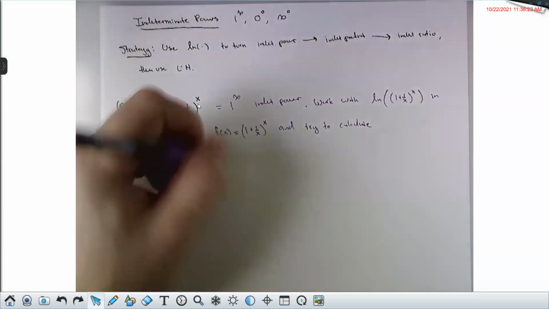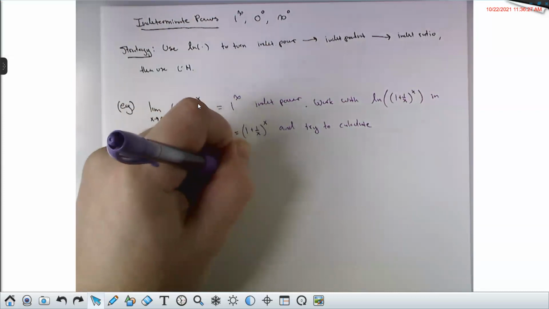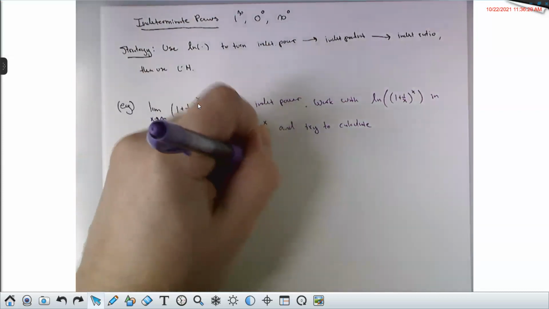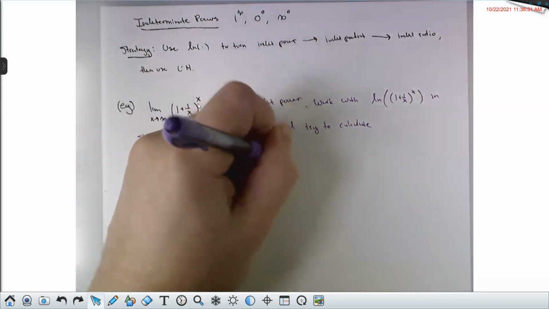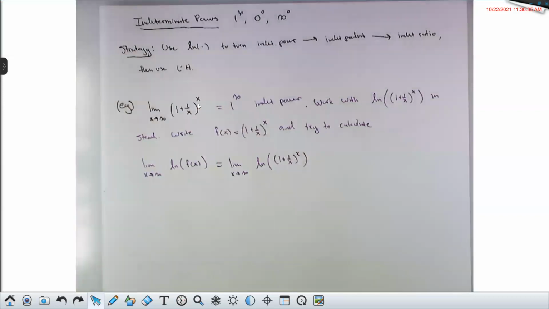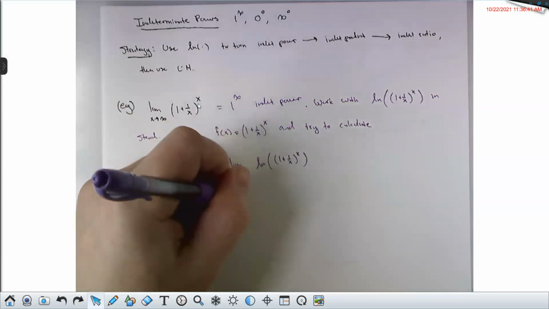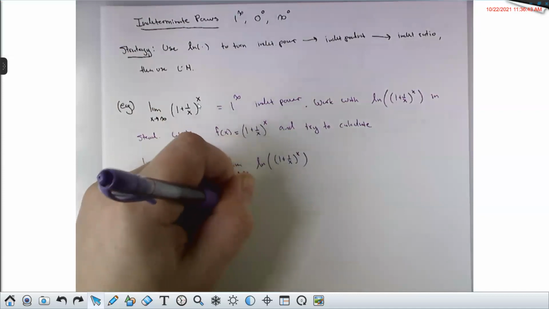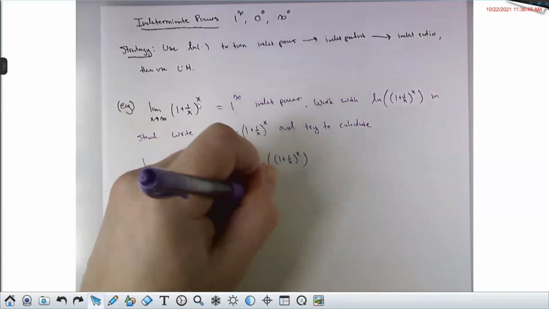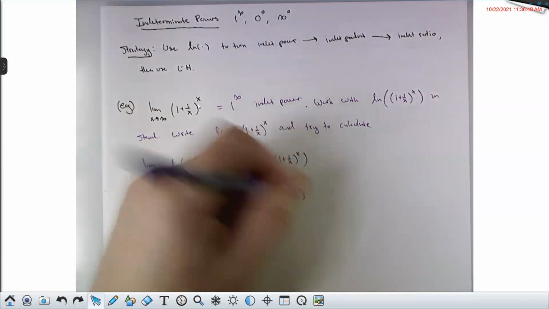So that would be the limit as x goes to infinity of the natural log of 1 plus 1 over x to the x. And then because of the algebra rules for the logarithm, this is the limit as x goes to infinity of x times the natural log of 1 plus 1 over x, right?